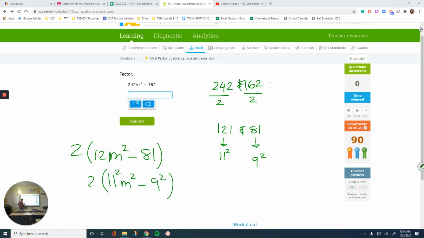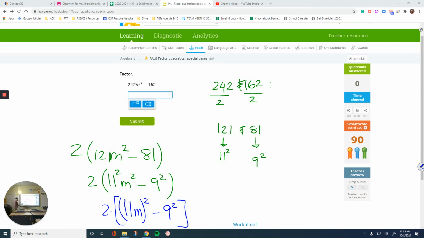I'm doing it step by step. I wouldn't solve this question like that if I'm doing it on my own. So 11 squared times m squared is the same as 11m, and then square the whole thing instead of squaring them one at a time. Minus 9 squared. And then all of these are inside parentheses.